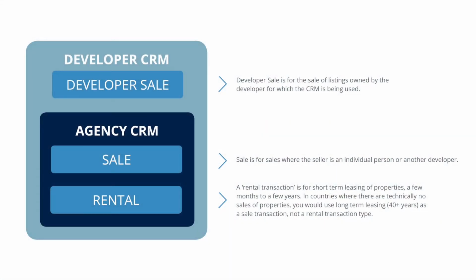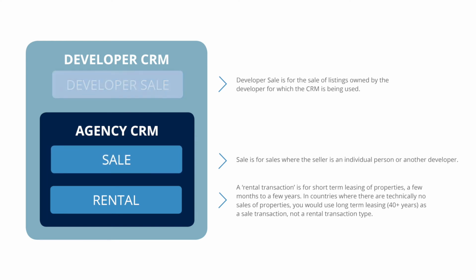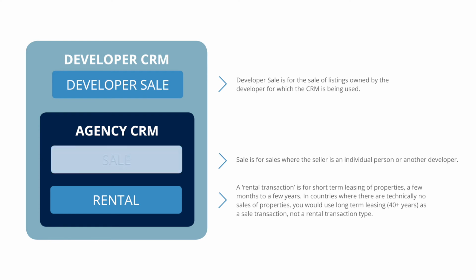In the developer version of our CRM, you have the ability to create transactions for sales of your own properties as well as resale listings. This is the distinction between developer sale and sale, where developer sale is for the sale of listings owned by the developer for which the CRM is being used, and sale is for sales where the seller is an individual person or another developer.